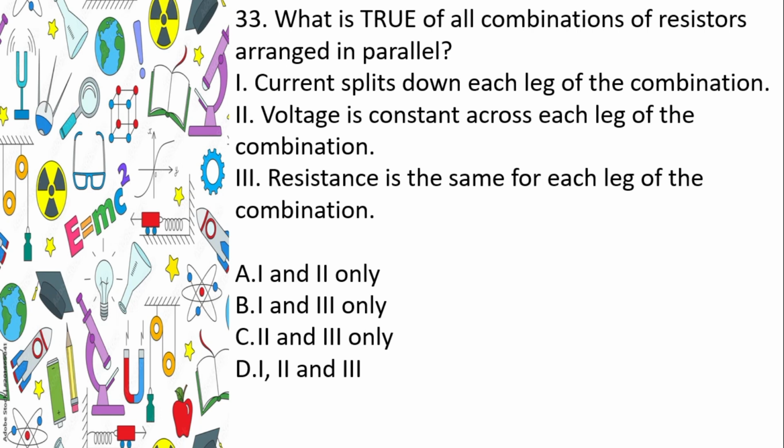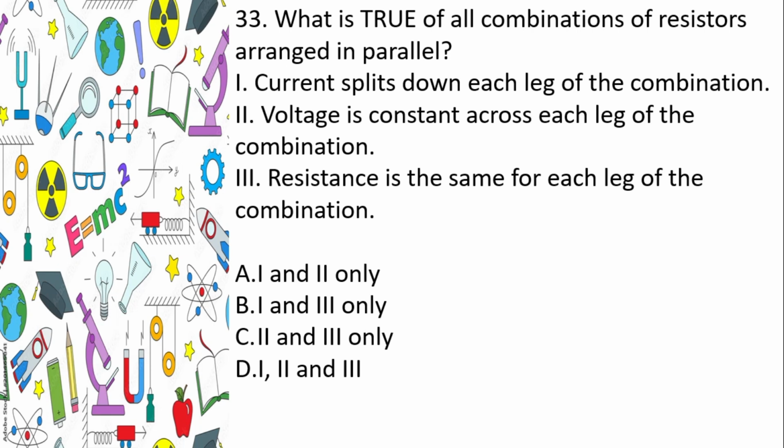However, the voltage in each resistor is the same. So again, series na circuit, current the same lang, voltage not the same in each resistor. Parallel circuit, current is not the same in each resistor, but voltage is the same in each resistor.